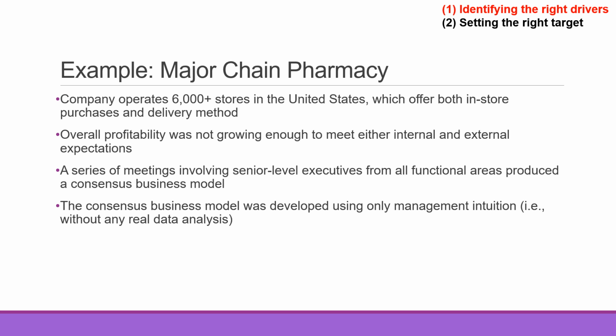The consensus model, again, links up several parameters into a causal model to show a chain reaction of A leading to B, B leading to C, C leading to D, and ultimately achieving the final outcome of understanding the profitability of the company. This consensus model that we'll be reviewing was developed using management intuition.